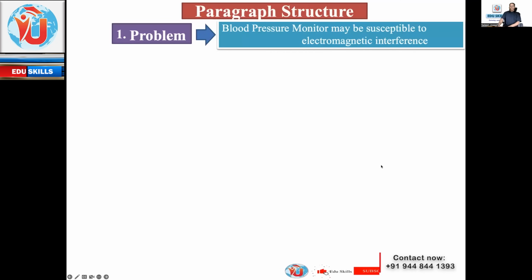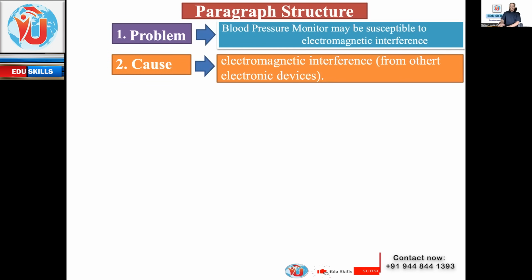And if you go into it, problem. What is the problem? Blood pressure monitor may be susceptible to electromagnetic interference. Can be subject to, susceptible and subject, prone to, something of that sort. Electromagnetic interference is the problem. Just dissecting the paragraph. What is the cause? Electromagnetic interference from other electronic devices.